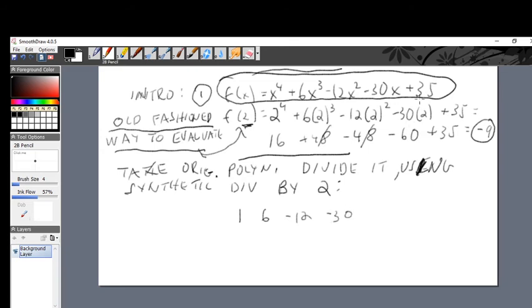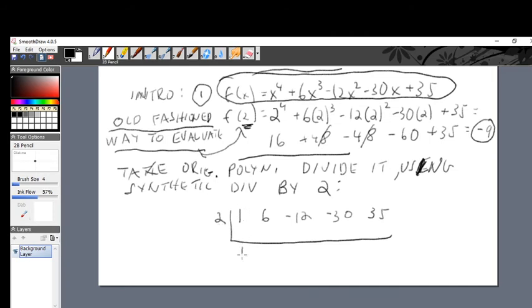And the number is 35. Do our little L for synthetic division, and we're going to put the number 2 in the upper left-hand corner.